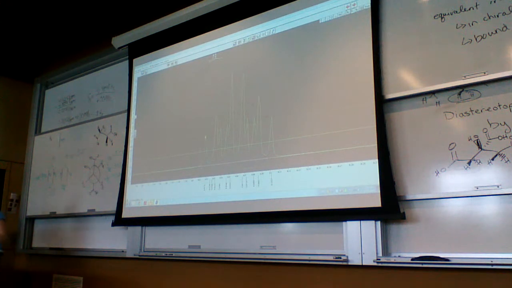Between here and here is going to be 10.25 hertz. And between here and here is going to be 10.25 hertz.